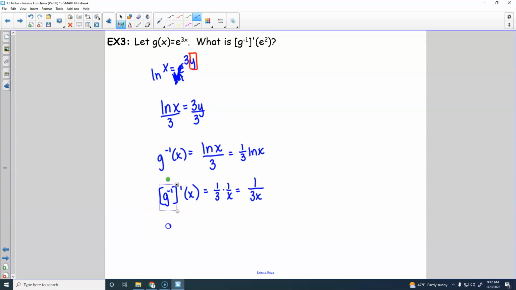So if I want g inverse prime of e squared, I will get 1 over 3 e squared, which is a number, because e is a number. So that would be my answer there.